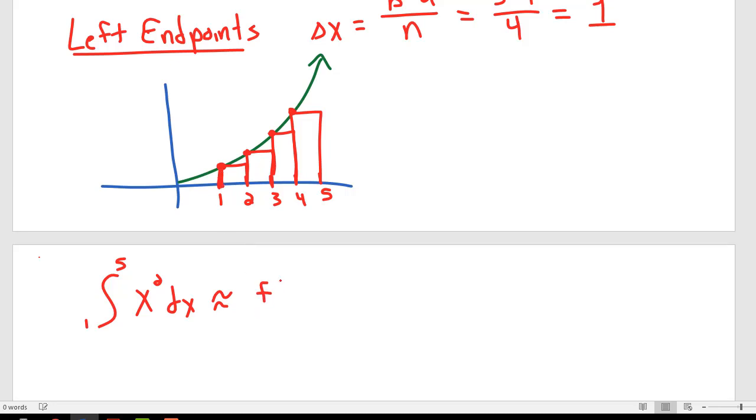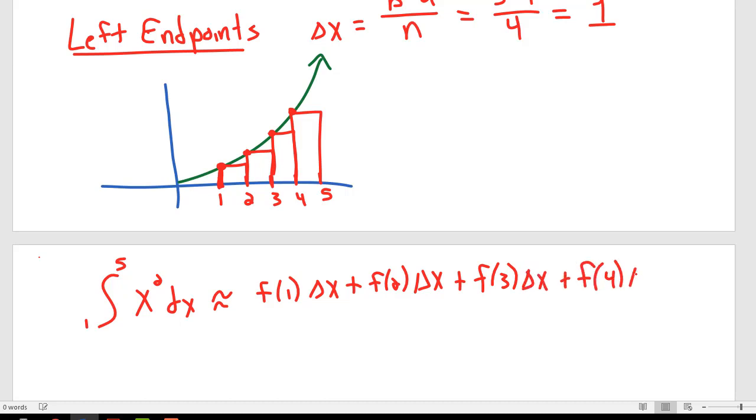So we'd have f at 1 times the delta x. Plus, and then the second rectangle, we would have the function value at 2 times its delta x. Right? Then we would have the function value at 3 times its delta x, and then the function value at 4 times its delta x. Right? So again, this third rectangle is the function value at the left endpoint. That's f at 3, and then f at 4.